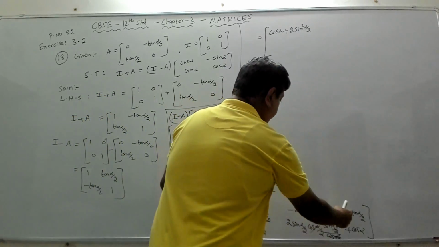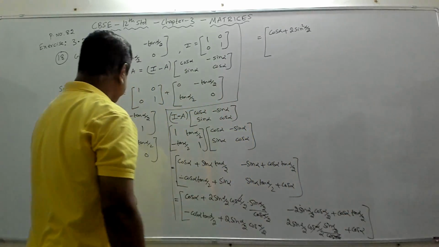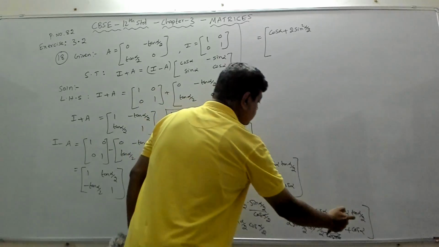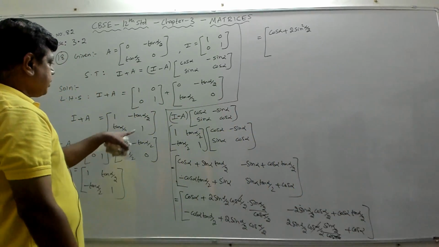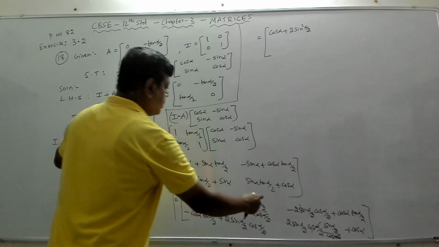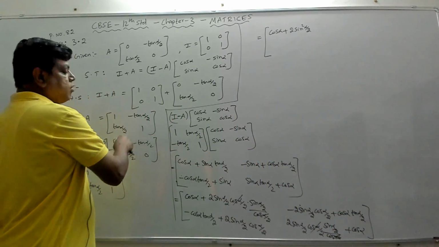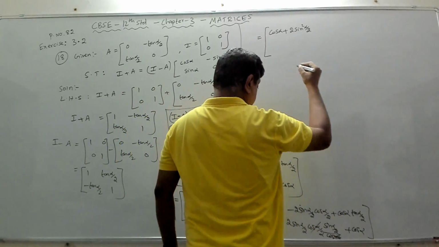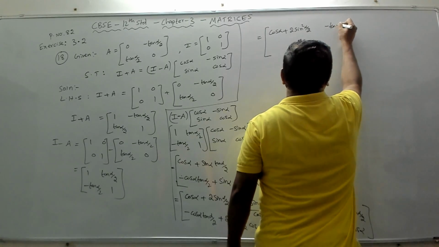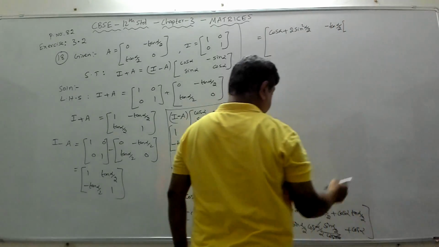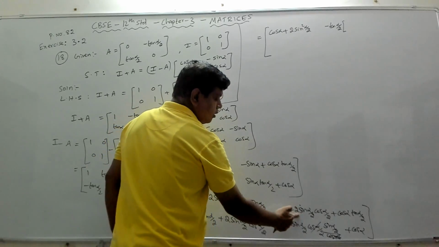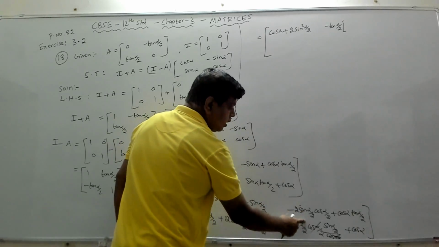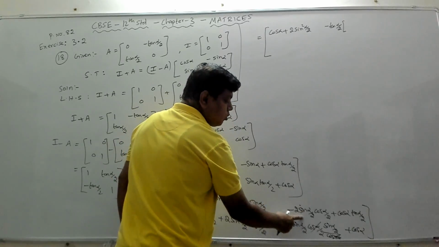Now here I will take tan alpha by 2 common because we need tan alpha by 2 in the answer. So I will take minus tan alpha by 2 common here. Because we need an answer of minus tan alpha by 2, so I will take minus tan alpha by 2 common from these two. Then what do we get? If I take minus tan alpha by 2 as common, then here I have taken sin alpha by 2 by cos alpha by 2, but there is no cos alpha by 2 in the denominator.